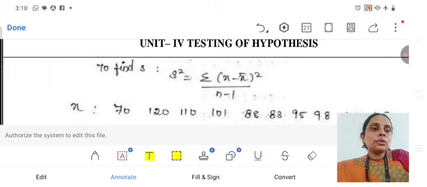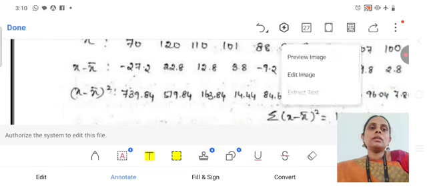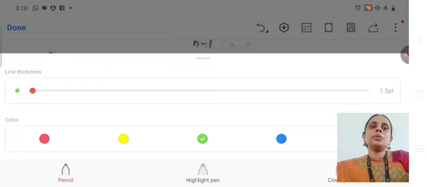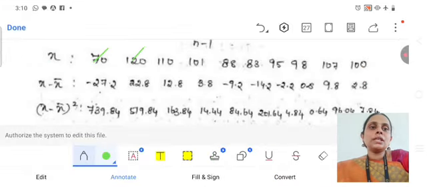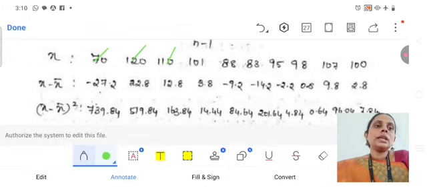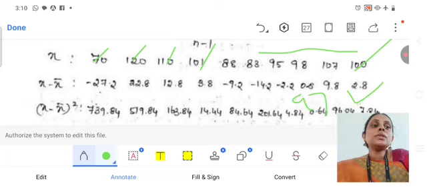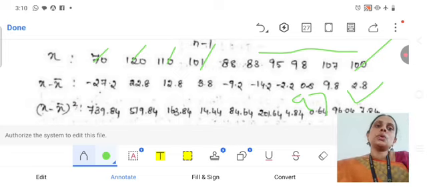So we have to form the table. These are the x values: 70, 120, 110, 101 and so on up to 100. You know the x bar value, 97.2, so we subtract x minus x bar. Then we find the square of x minus x bar.